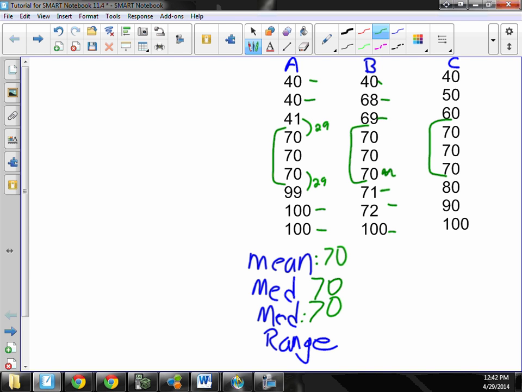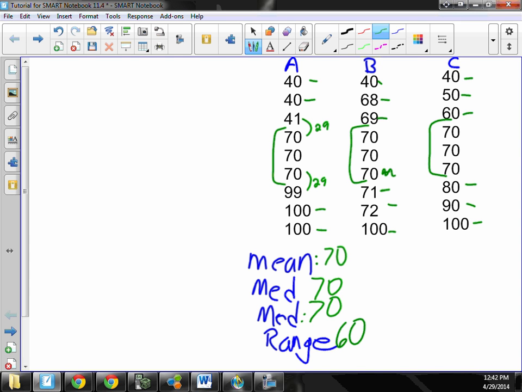What's the range? 60. So the mean, median, mode and range are the same for test A and test B, right? What about test C? Well, we have 70s, 60 and 80 match, 50 and 90 match, 40 and 100 match, so they're all the same.